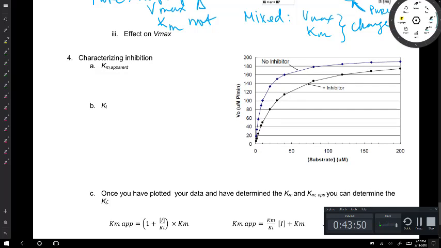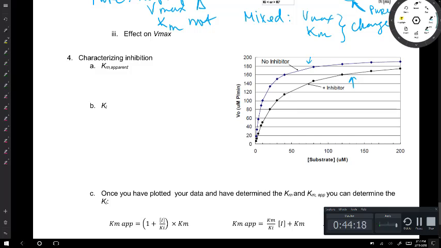So this is an example where we have an enzyme substrate saturation curve without inhibitor in the blue, and then with inhibitor in the black. And so again, the Km apparent would be the Km that it appears to be with the addition of inhibitor.